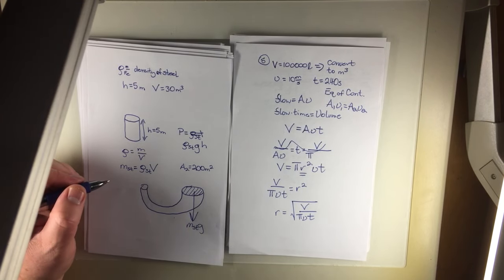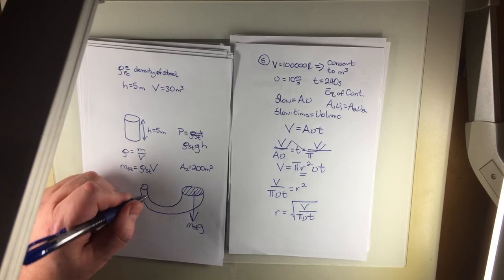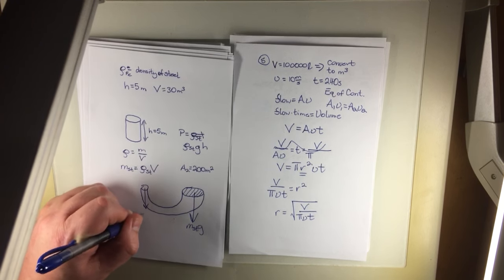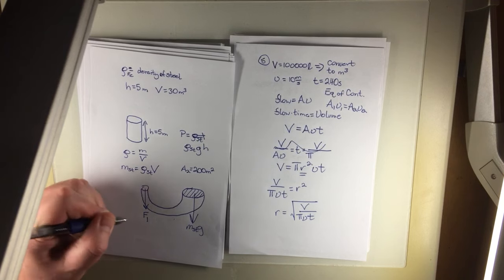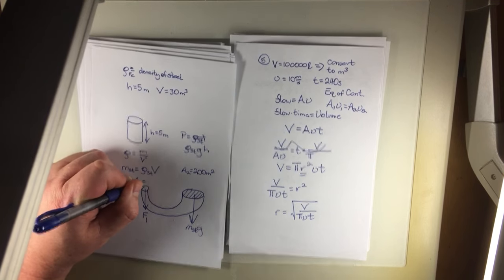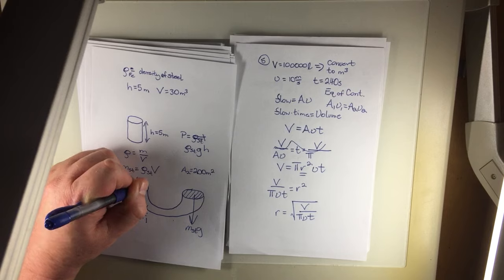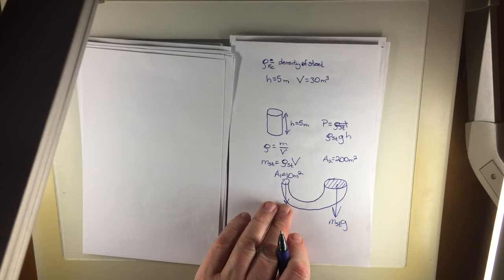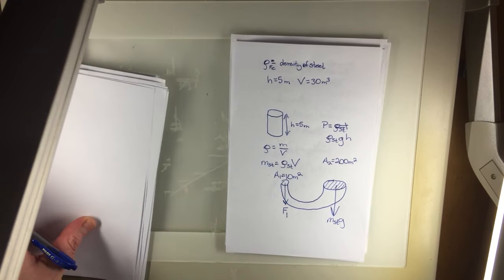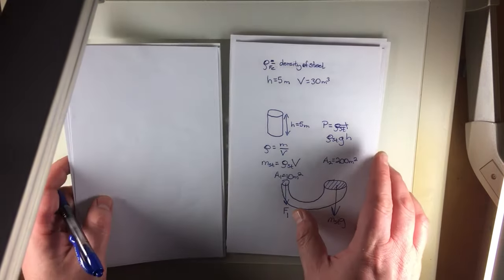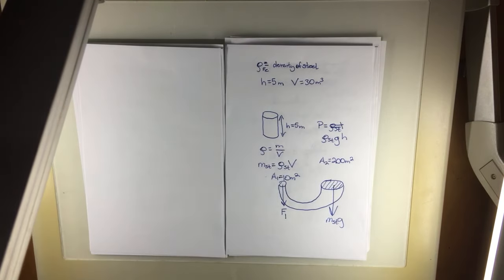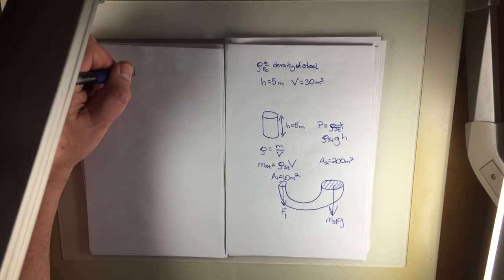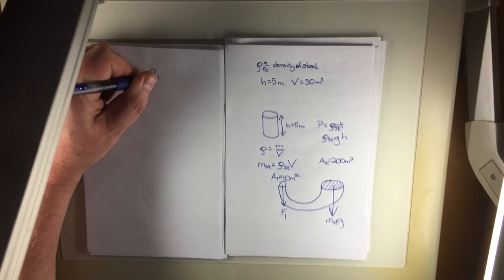Now the question is, what is the necessary force on the second plate to lift the steel cylinder? So I'm looking for F1 if A1 is equal to 10 square meters. So we use Pascal's principle. Pressure on 1 is the pressure on 2.